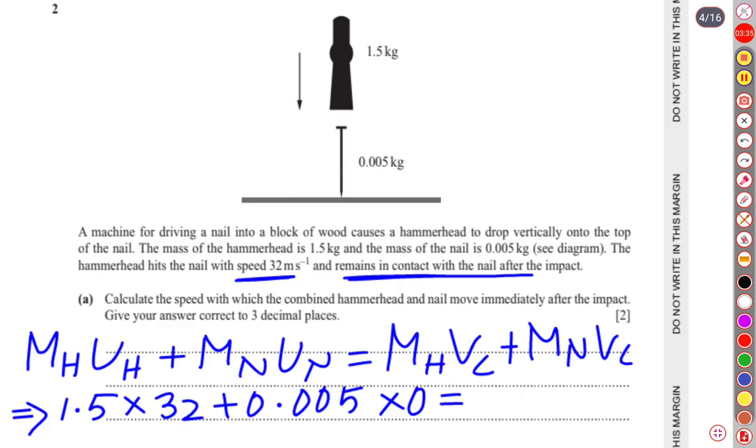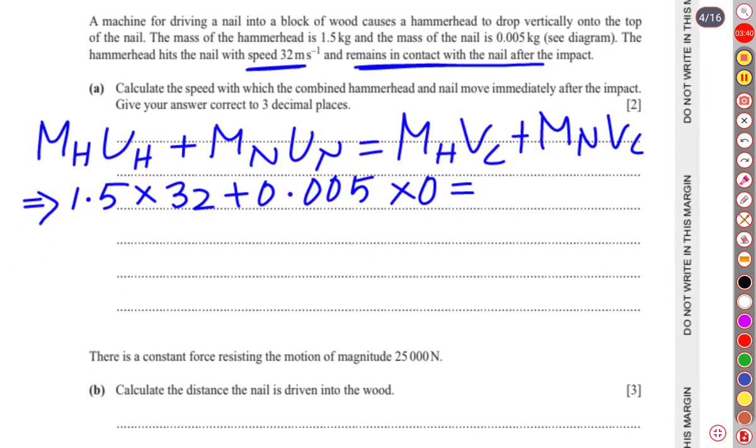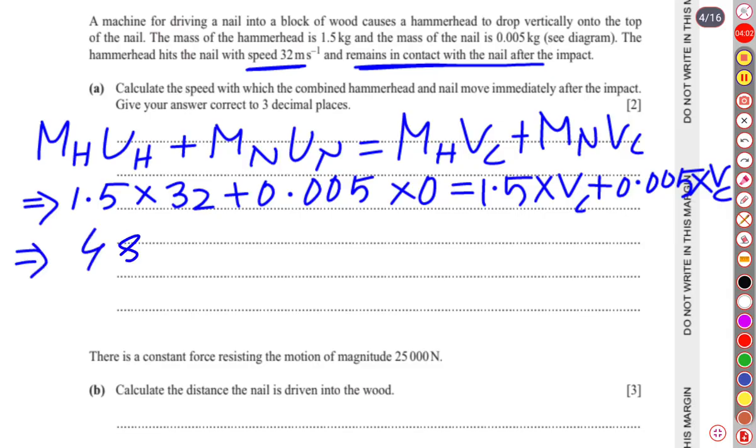Then the mass of hammerhead is 1.5 kg, so 1.5 times 32, plus mass of nail 0.005 times 0, is equal to 1.5 plus 0.005, so 1.505, times the velocity of the combined object. If we multiply 1.5 by 32, it is going to be 48.